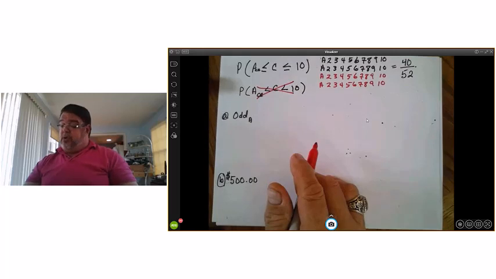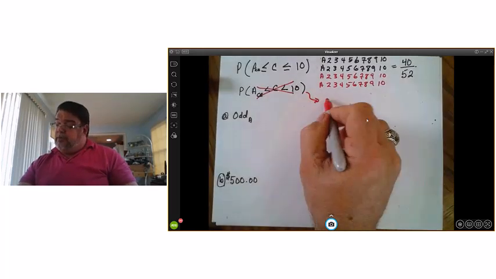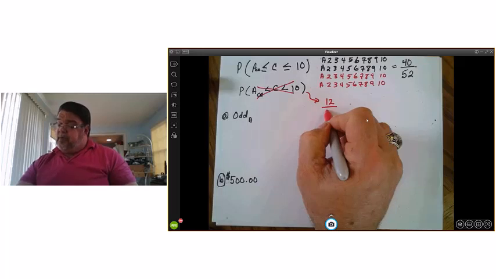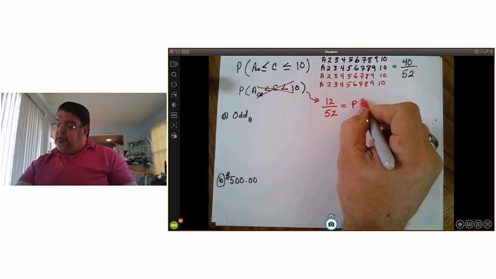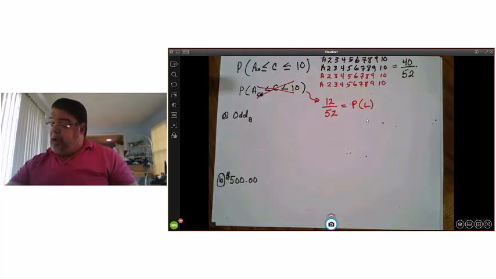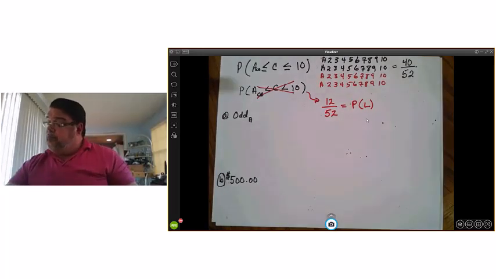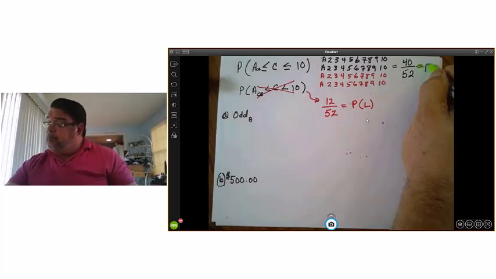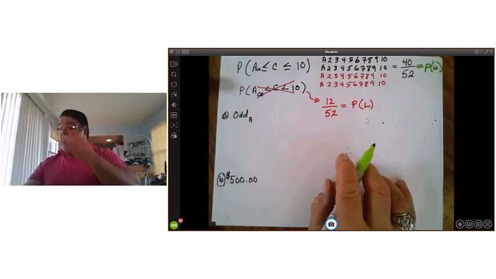Well, that'd be 12 over 52. So that's equal to the probability of losing, and the top one is the probability of what? Winning. Put that in red.